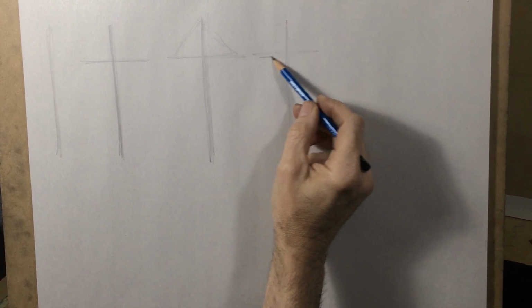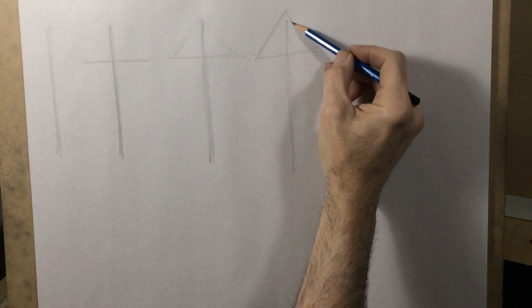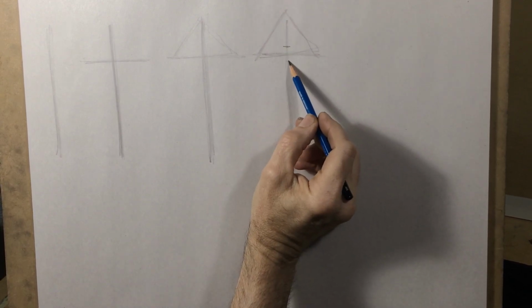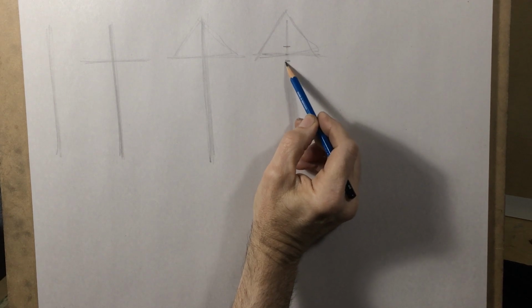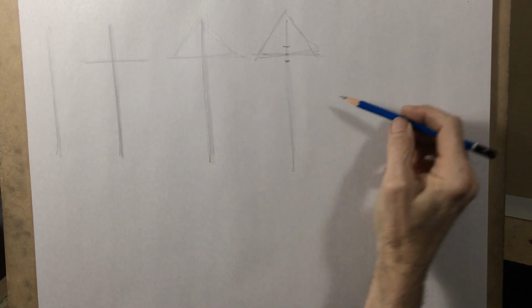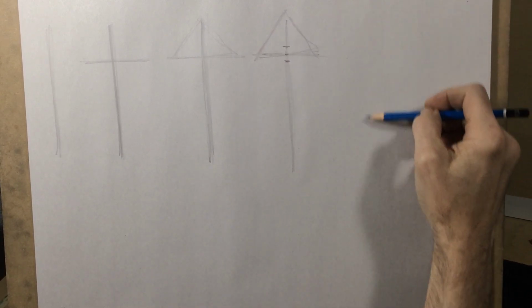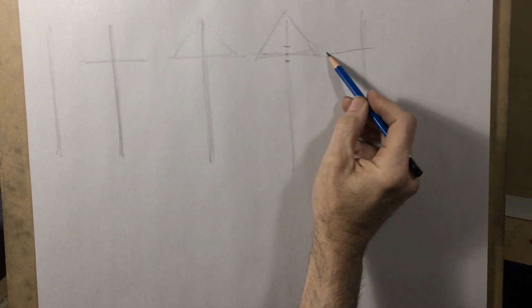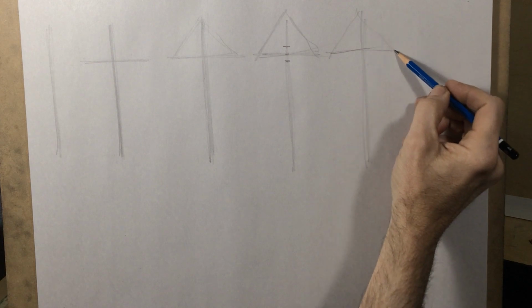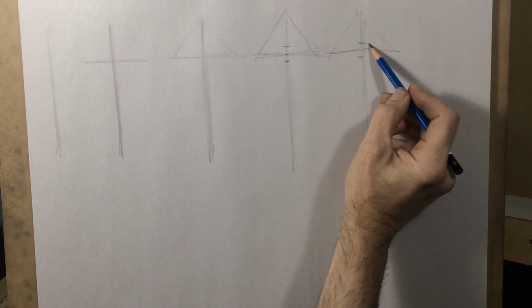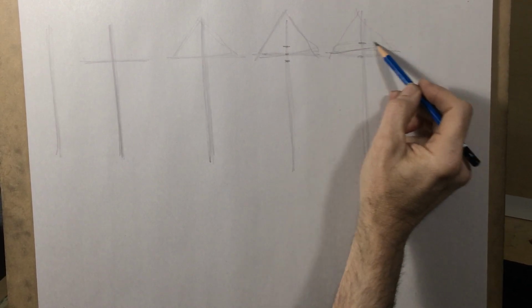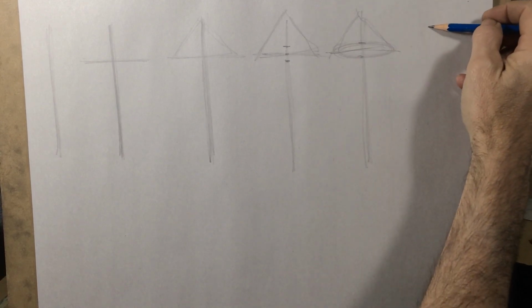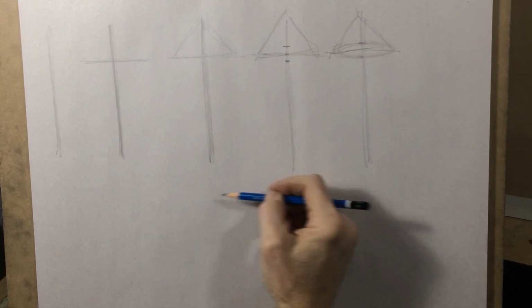And at this point, I want to create an ellipse down at the bottom, so I give myself these guides. And then I draw that ellipse. And finally, I think I'm going to do it down here.